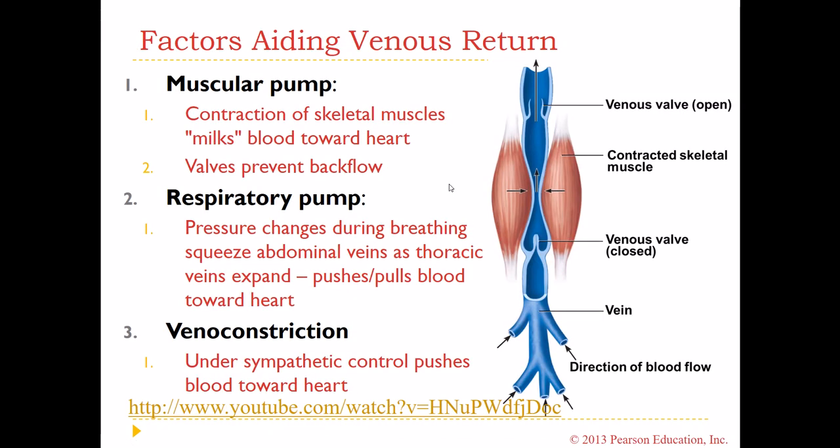There are a couple of additional factors that help the blood get back to the heart. It's what we call venous return. The first of these is the muscular pump. So here is our vein. You can see here are the valves in the vein, and the blood flowing up through the vein. Say we're in the lower limb or the upper limb.